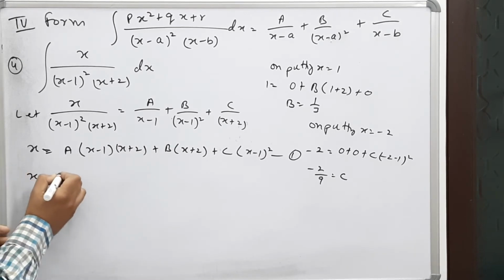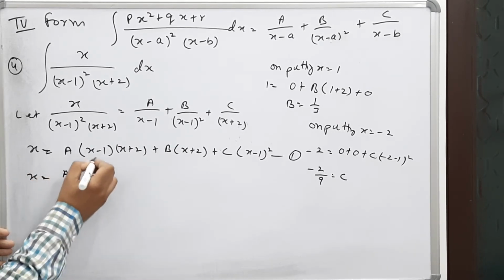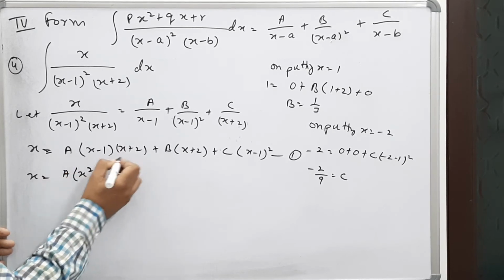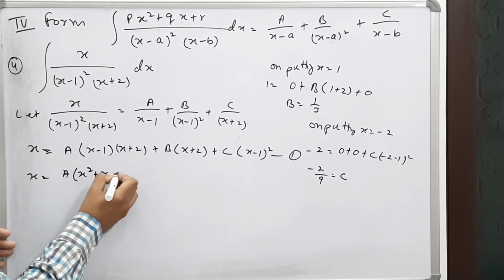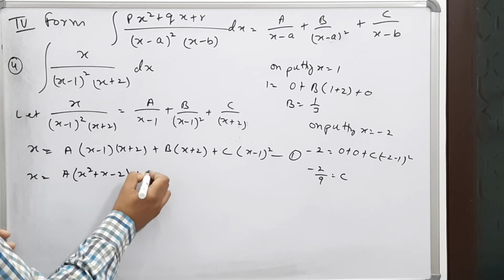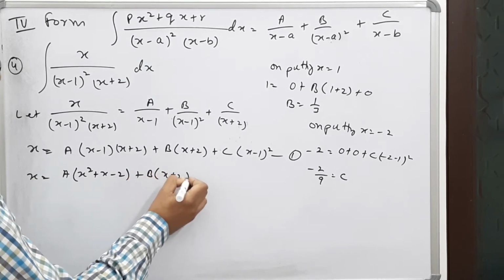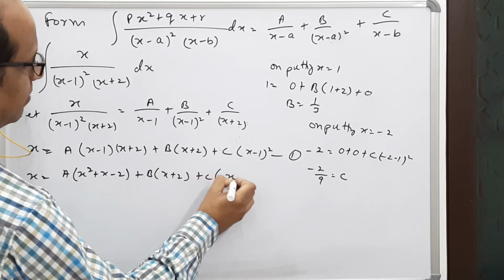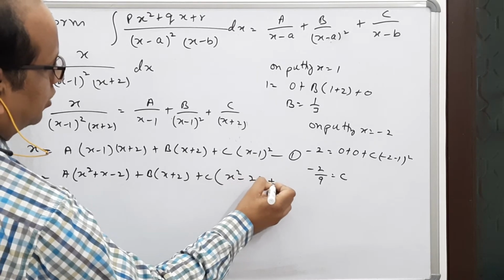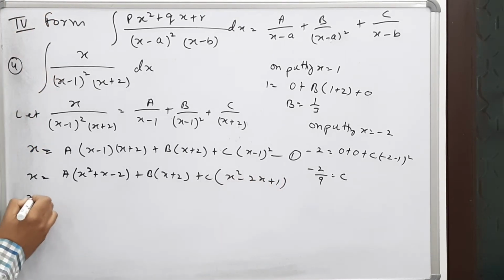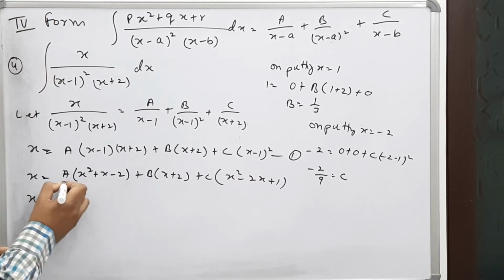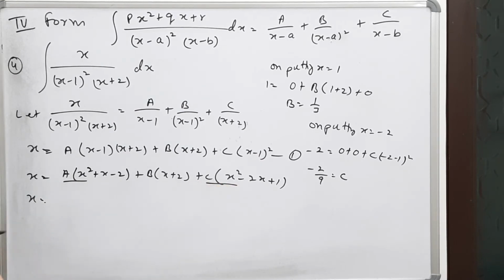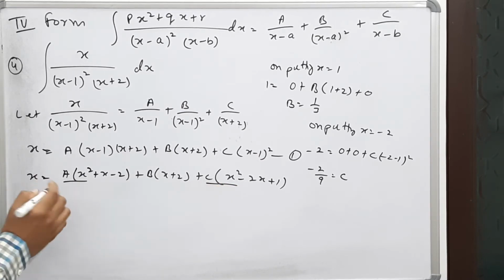So when you expand, it is a(x² + x − 2) + b(x + 2) + c(x² − 2x + 1). So the next step is to compare. Collect the coefficient of x² together.